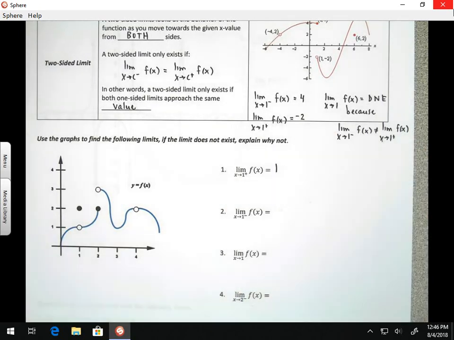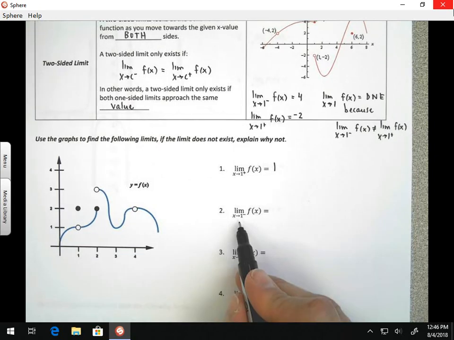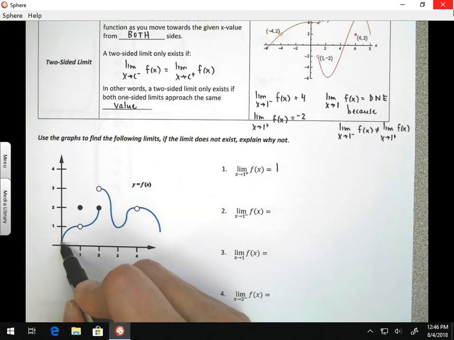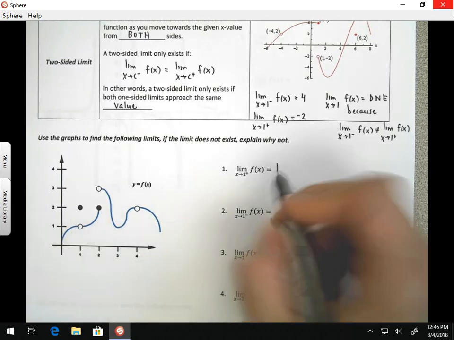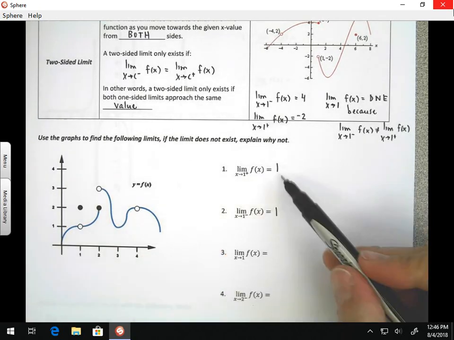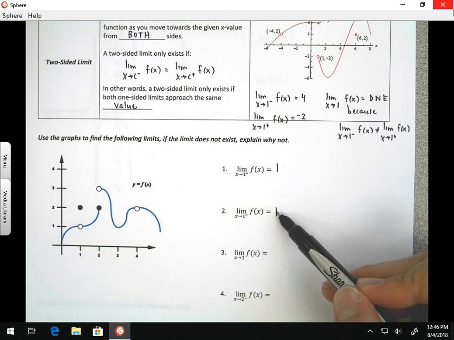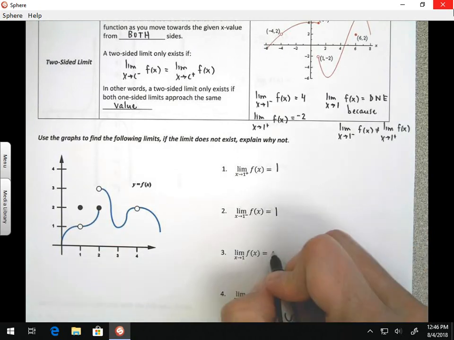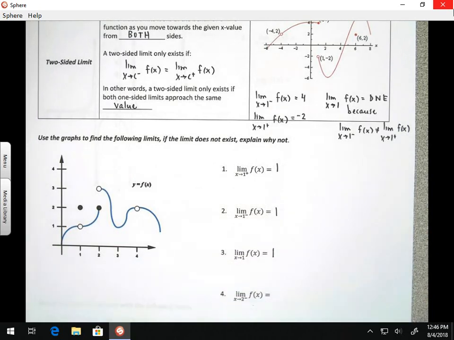Remember that limit is always a y value. Now, if I approach 1 from the left, following the function, I also approach 1. Since my right side and left-sided limit are the same, I know that my two-sided limit is that same value.